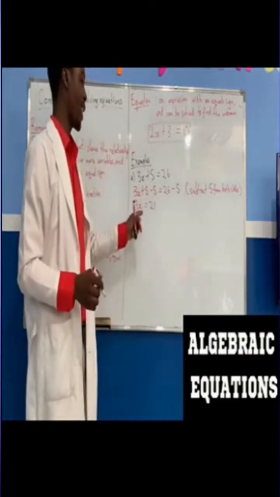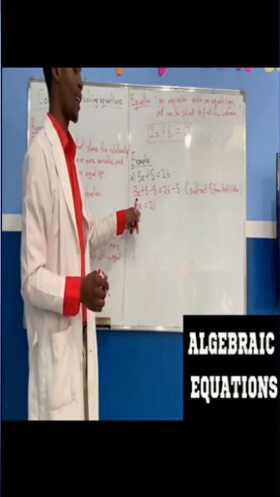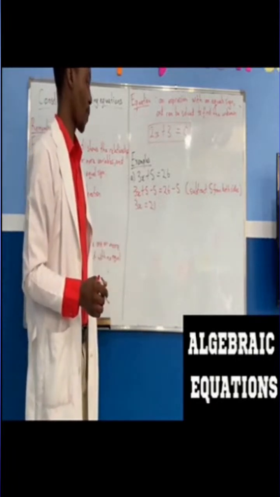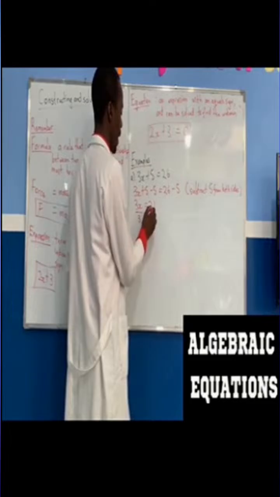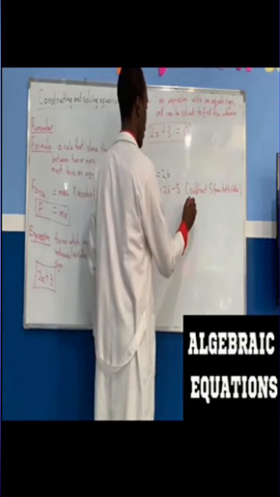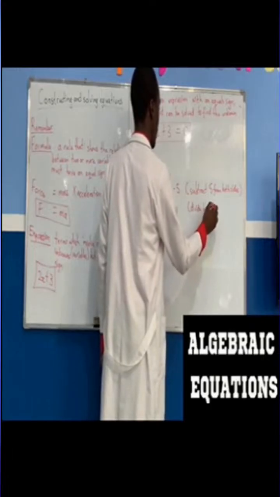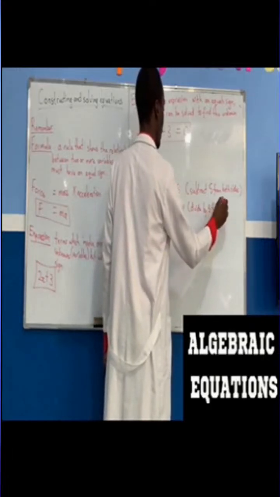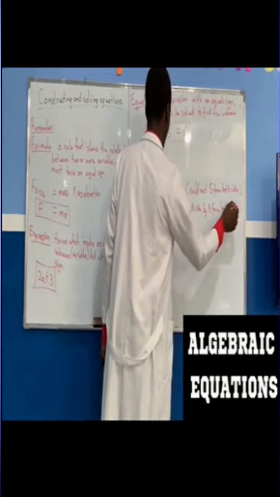When we get to this stage, what do we do? Since the coefficient of x is 3, we're going to divide both sides by 3. 21 divided by 3 is 7.